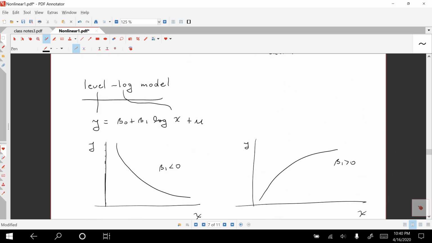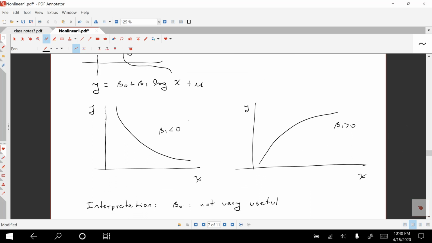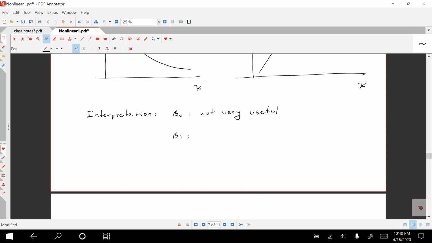Okay, so hopefully you start to see a pattern. Now we have the log of x, so of course we're not going to be able to talk about a one unit change in x. Since we're taking the log of x, we're going to be looking at the effect of a 1% change in x, and the effect of that percentage change in x is going to be measured in terms of changes in the actual units of y. So I'm going to write that down.